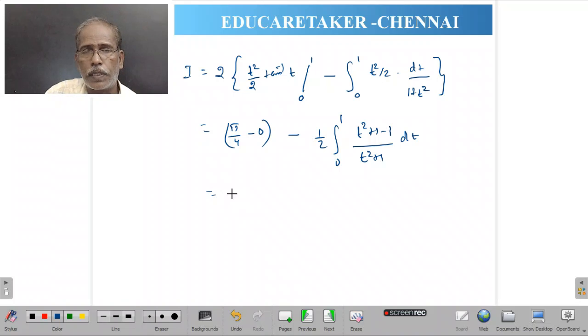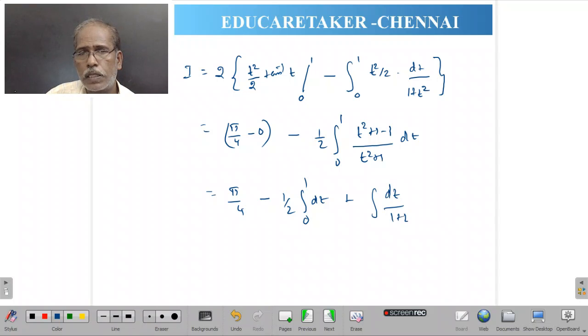So the first term is pi by 4 minus 1 by 2 times the integral of dt alone from 0 to 1, minus the integral of dt by 1 plus t square with the limits. So pi by 4 minus the integral of 1 by 2 dt, 1 by 2 t, 1 minus 0, so 1 by 2 alone, plus this is tan inverse of t, tan inverse of 1 minus tan inverse of 0, tan inverse of 1 is pi by 4.